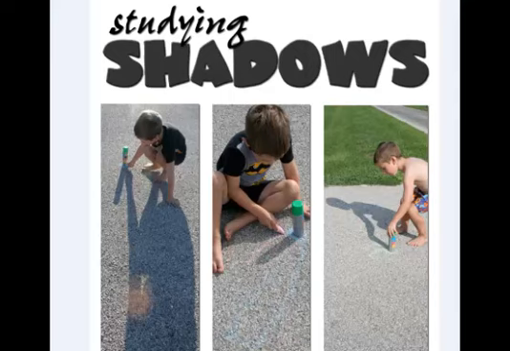Do you know what the source of light is for the shadow? Yes, that's right. The source of light in these photos would be the sun. The sun is shining brightly, causing a shadow.